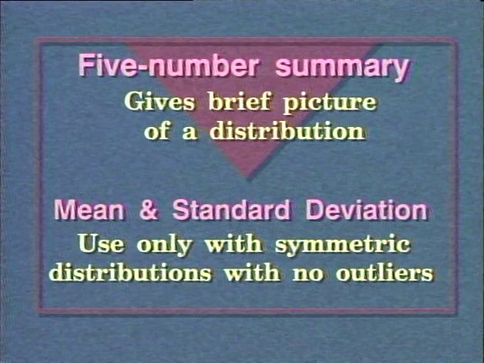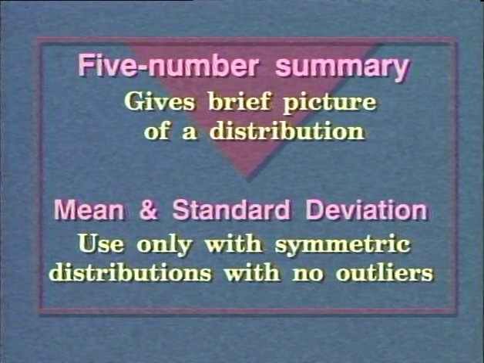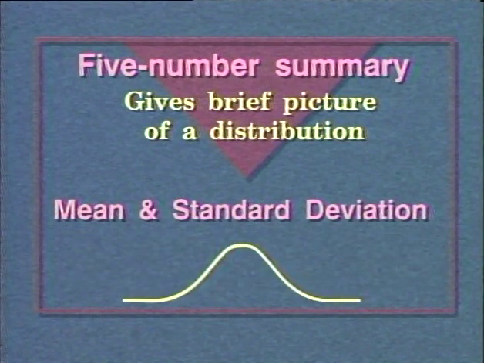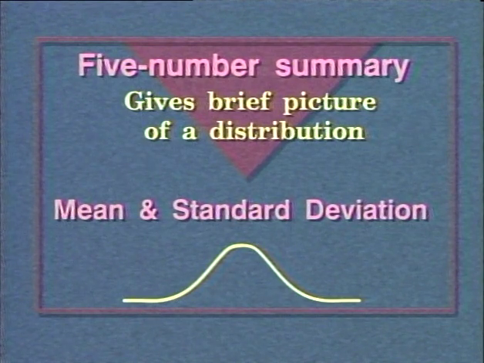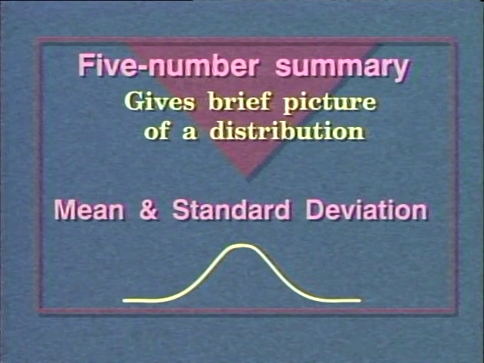Despite this restriction, the mean and standard deviation are much more commonly used than the median and 5-number summary. The reason is that many natural phenomena can be described by a particular kind of symmetric distribution called the normal distribution. And for such distributions, the mean and standard deviation are just the right measures of center and spread.